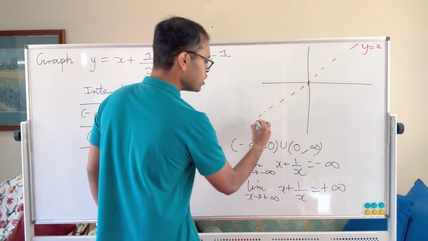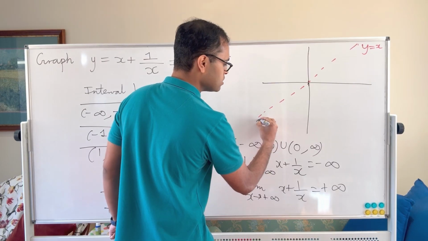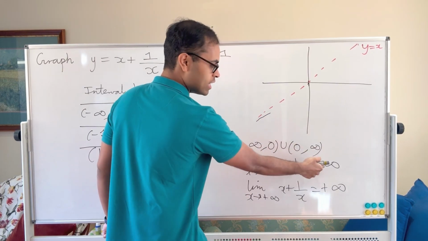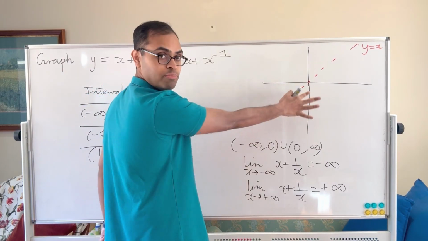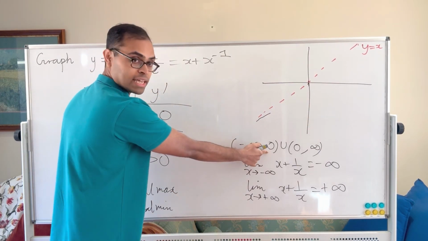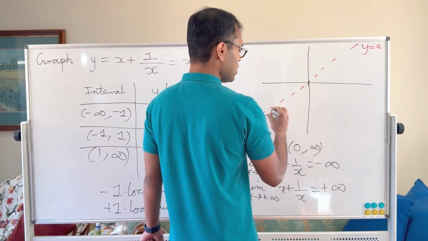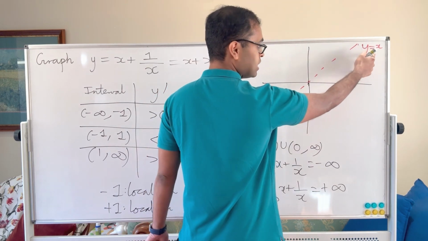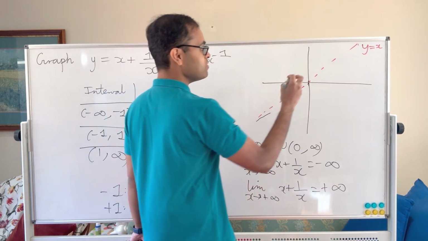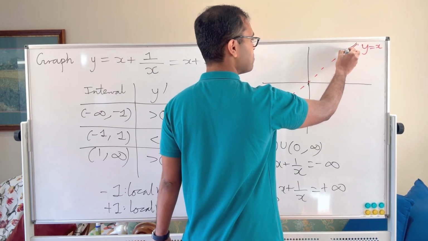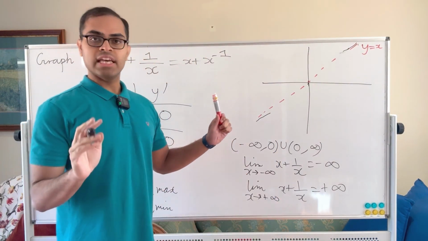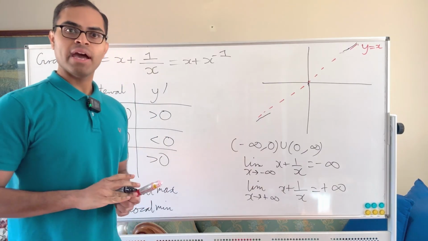It's going to approach the line, getting closer and closer but slightly below, and we know that its limit is going to be negative infinity, so we can sort of see this part of the graph. I'm not going to keep drawing; I'll connect the dots once I get to the behavior at 0. On the similar side, when we look at x goes to positive infinity, again your graph is going to approach the line y equals x, slightly above it. That gives us a sense of what the graph is doing at infinity and minus infinity.